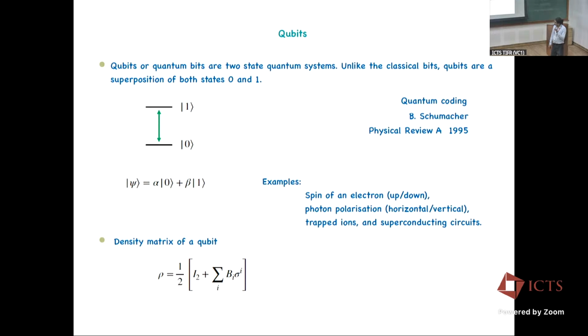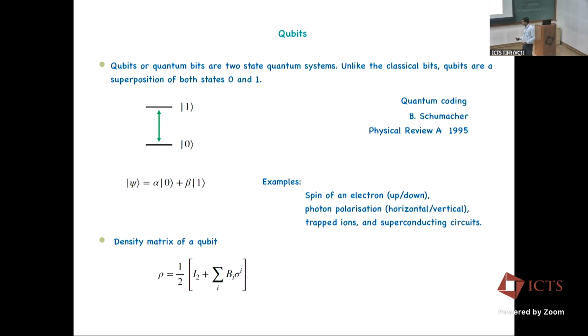Unlike classical bits, which are just 0 and 1, qubits are superpositions of 0 and 1 states. The two-level problem is an old problem in quantum mechanics, but the qubit is relatively new; it first appeared in 1995. A few examples: the first very useful and popular example is, of course, spin up and spin down for a spin-half particle, then photon polarization, and then exotic ones like trapped ion and superconducting qubits.